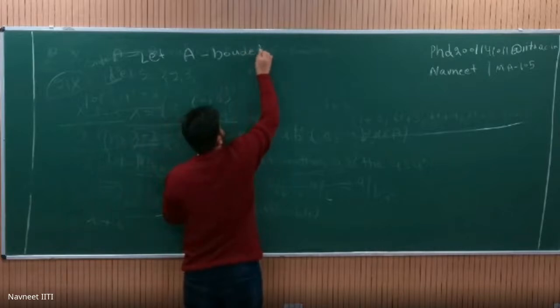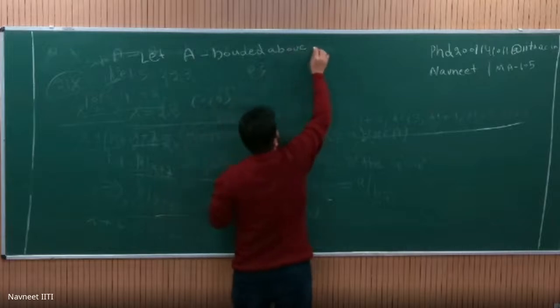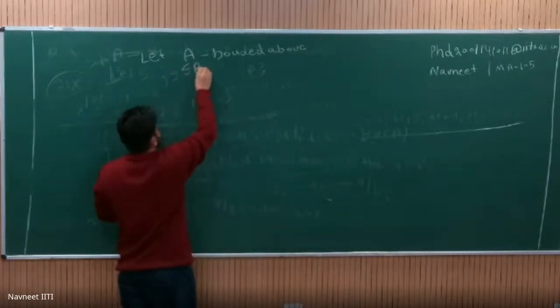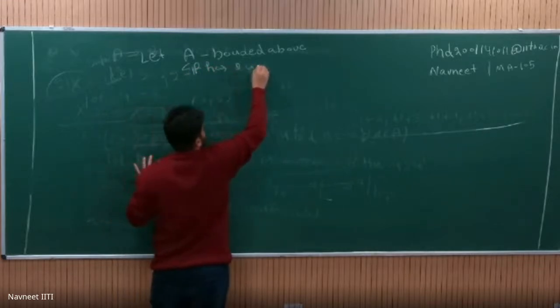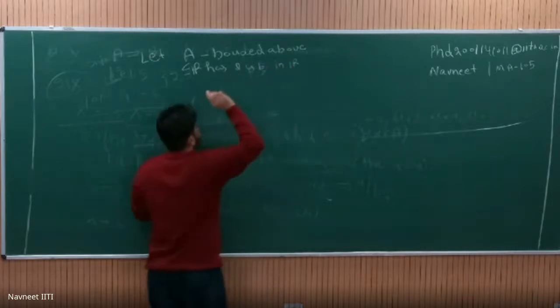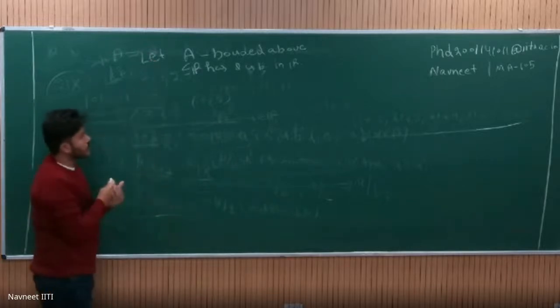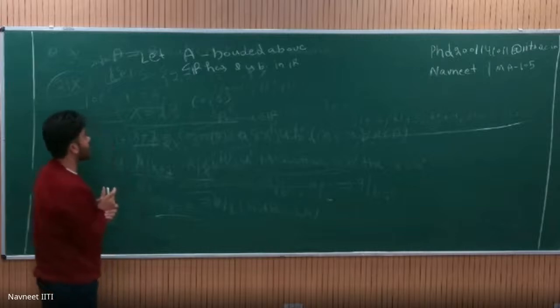Any bounded above subset of R has a least upper bound in R. Okay, and we want to prove that any bounded below subset of R has a greatest lower bound in R. This is our aim.